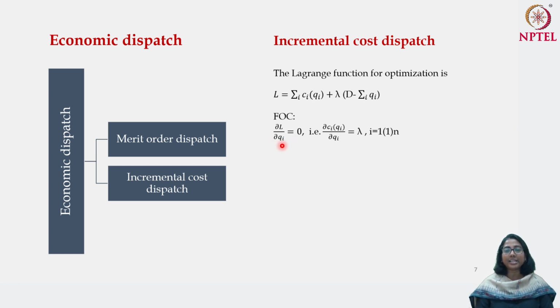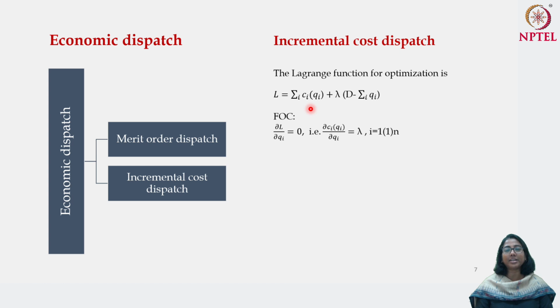Now if del L del Qi is equal to 0, that means that del Ci(Qi) by del Qi is equal to lambda. Because see, suppose I am considering the first production unit. In that case, I have C1(Q1) plus C2(Q2) plus up to Cn(Qn) here.